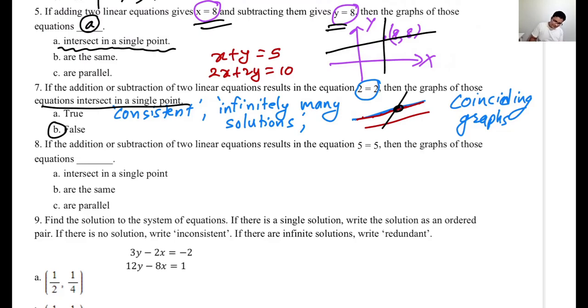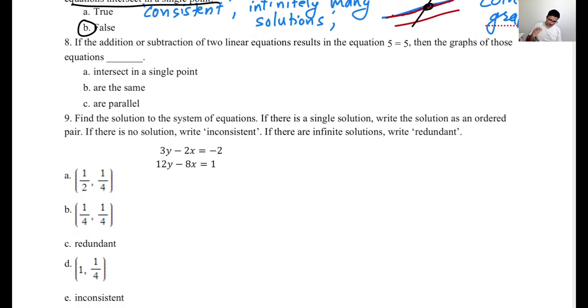And when you do that and subtract x plus y equals 5 from x plus y equals 5, you will get 0 equals 0, right? Which is like getting 2 equals 2. Okay. All right. If the addition or subtraction results in something like 5 equals 5, then the graphs of those equations are the same.